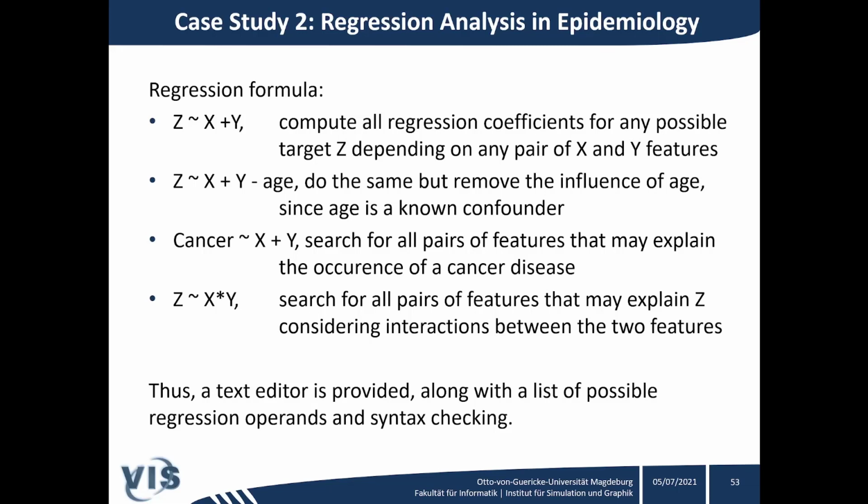Third, search for all pairs of features that may explain the occurrence of a cancer disease. And last but not least, search for all pairs of features that may explain Z, considering interactions between the two features. And to define the regression models, a text editor can be provided along with a list of possible regression operands and syntax checking.